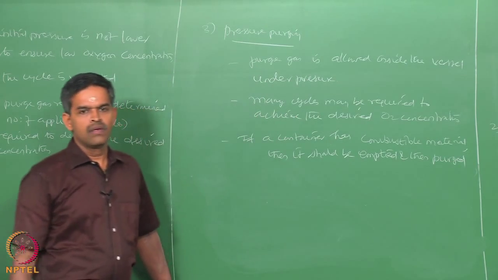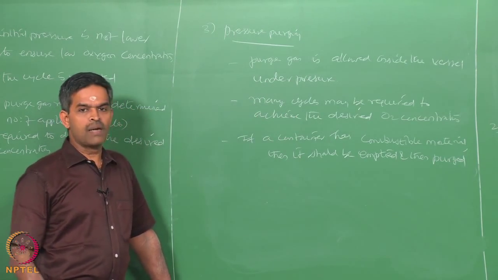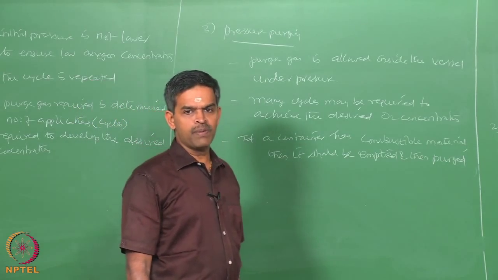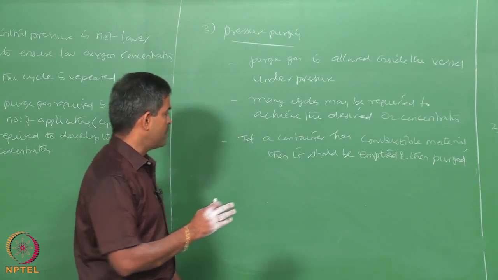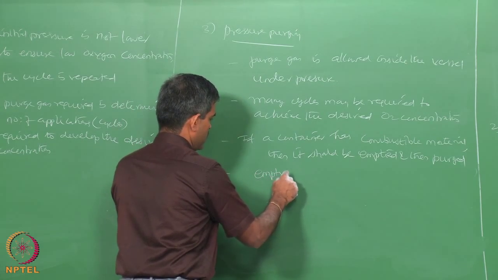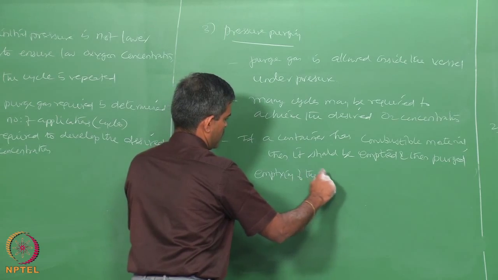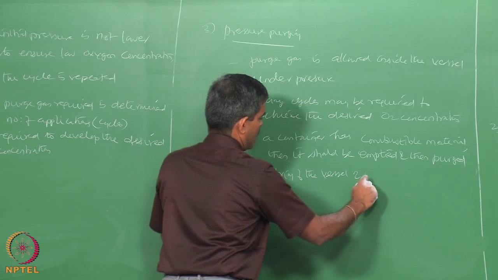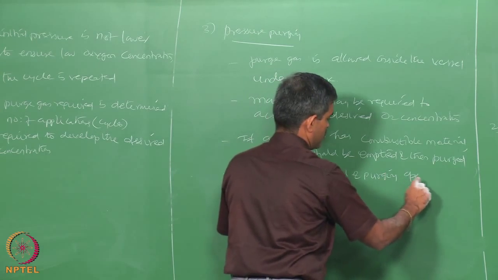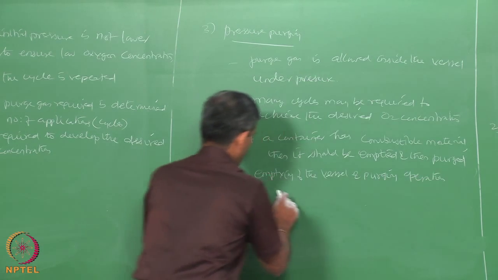In that case, purge gas is applied to the vapor space at pressure consistent with equipment design and limitations. Emptying of the vessel and the purging of vapor space should be done in parallel, that is very important. So, emptying of the vessel and purging operation should be done in parallel.